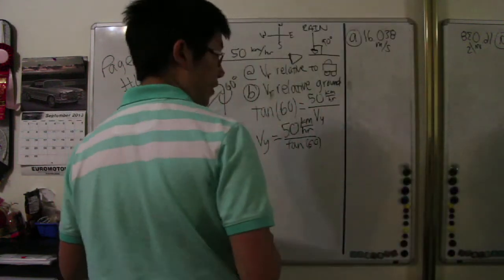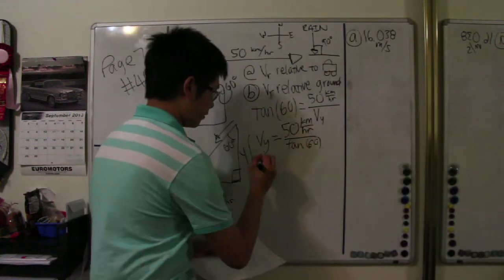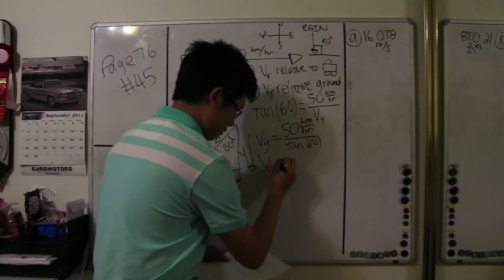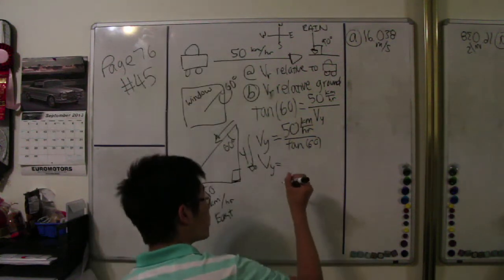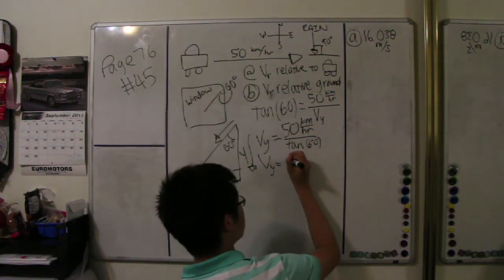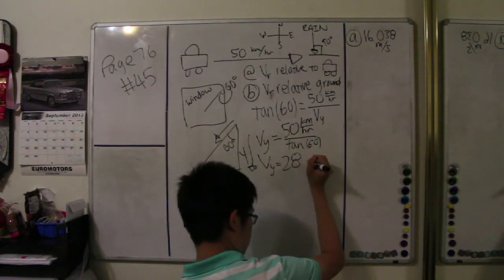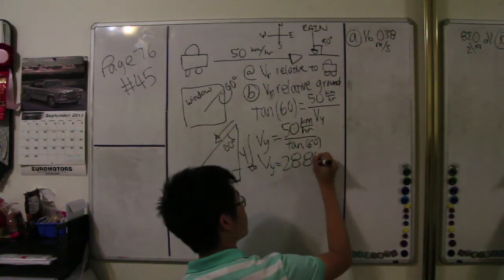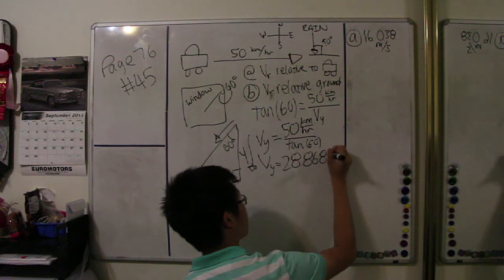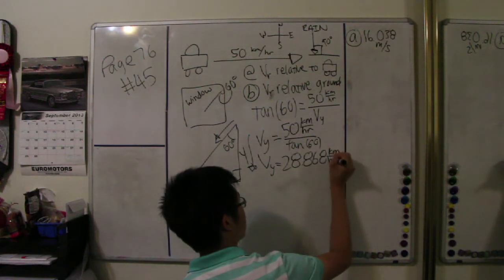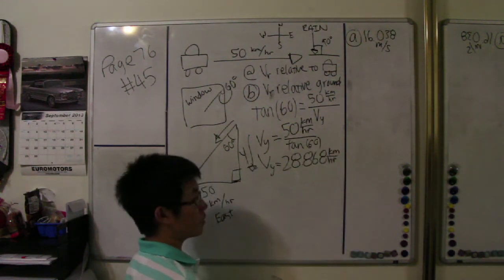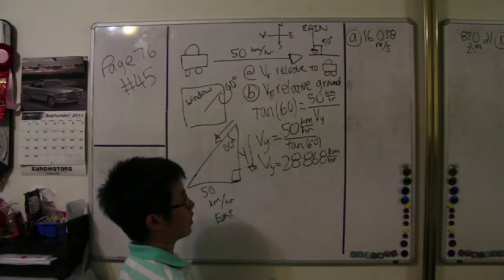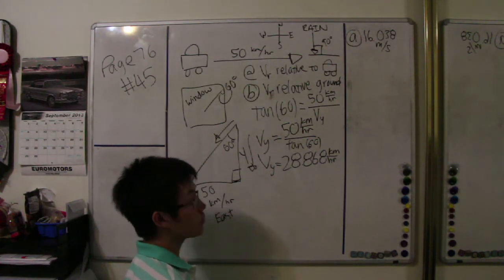Now when you plug this into the calculator, you get a value of 28.868 kilometers per hour. But once again, we would like to have our answers in meters per second.